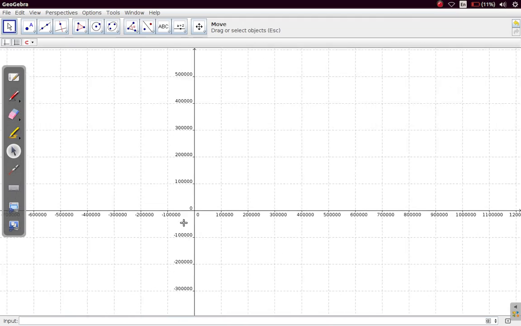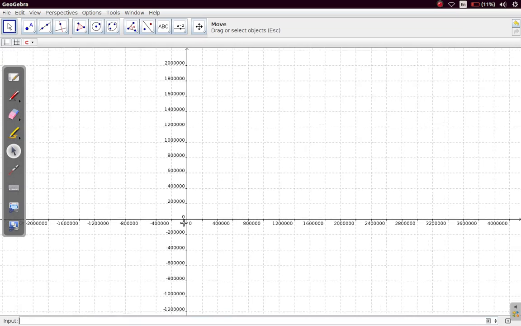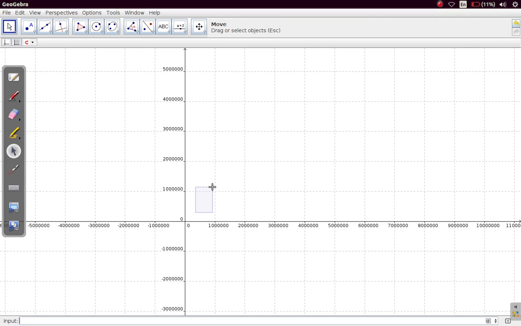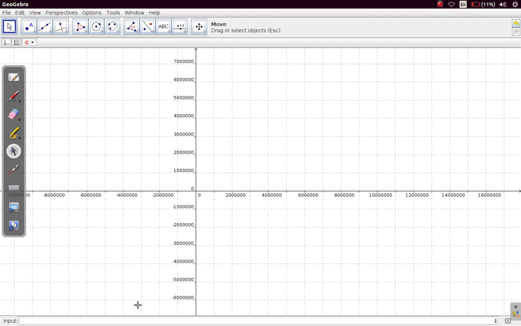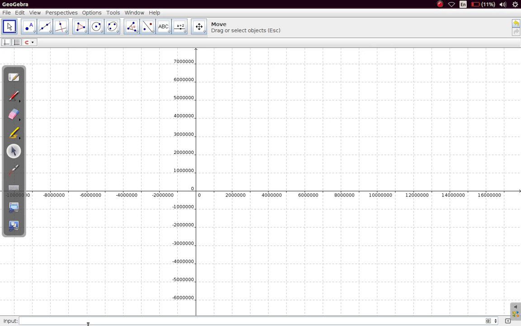I want to zoom out enough to see that graph and the values. I'm still not seeing the values here. Let's try again. 62x squared plus 27,500.